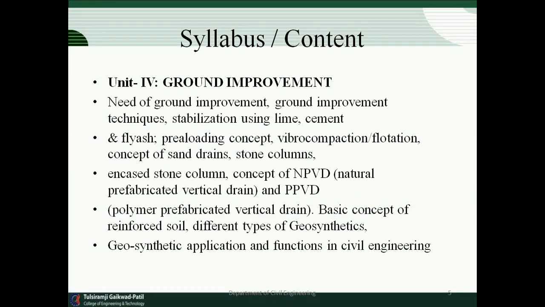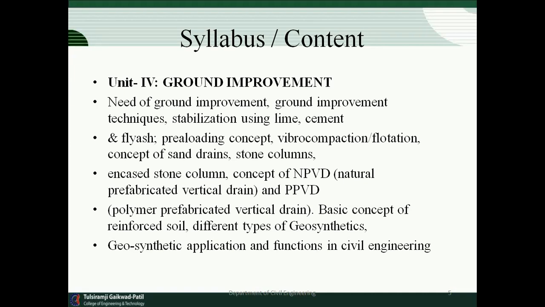Unit number 4 is related to ground improvement. Ground improvement basically means increasing the bearing capacity of soil, which includes the need for ground improvement techniques, stabilization using lime and cement or various chemical materials. We can improve the soil bearing capacity by using waste fly ash, preloading concepts, vibrocompaction, flotation, the concept of sand drains, and stone columns.